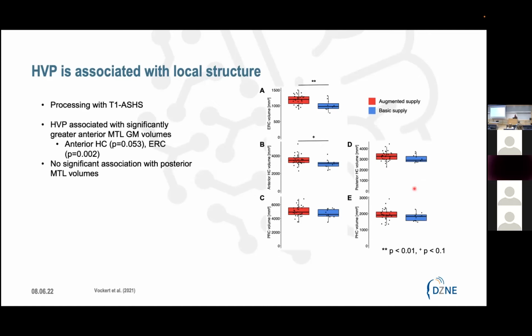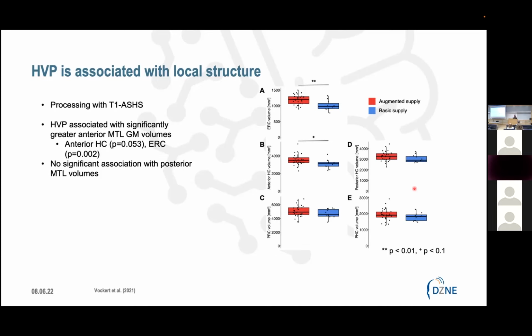And we did a maneuver then to see if an augmented supply would be related to bigger anterior MTL volumes or posterior. And we found that an augmented supply only was associated with greater anterior medial temporal lobe volumes, but not posterior MTL volumes, which matches the specificity of the blood supply of the ACHA to the hippocampal head.